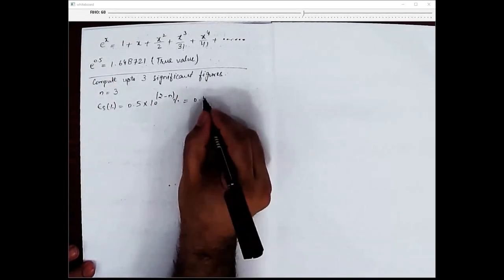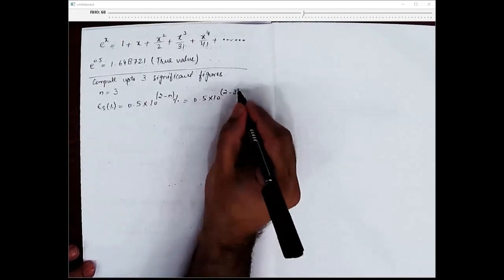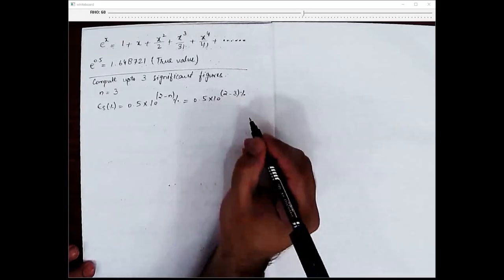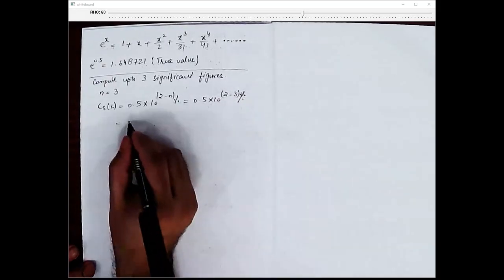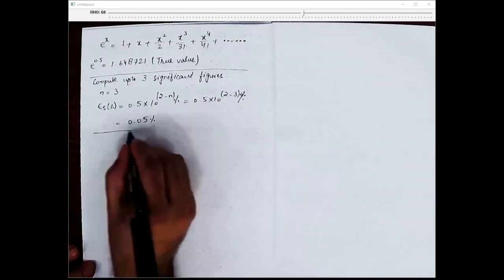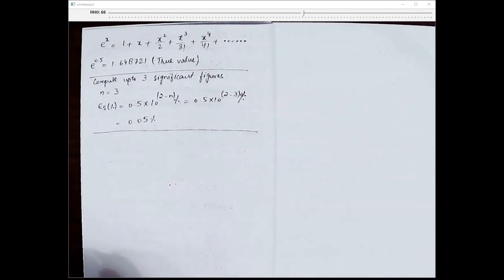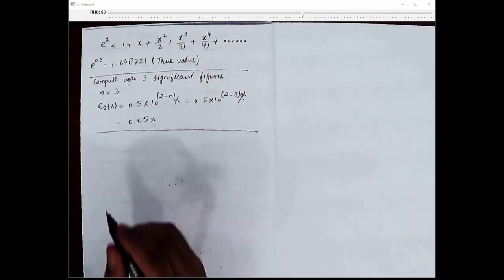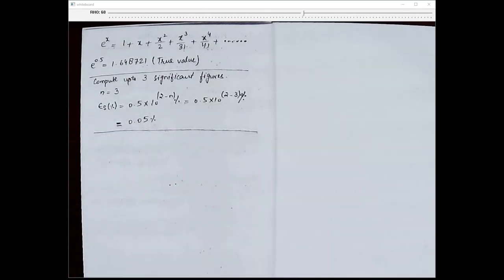Okay, so I have n equal 3, and so I want EA to be less than 0.05%. So we stop when EA is less than this error threshold, which is 0.05%. Okay, so let us do it.